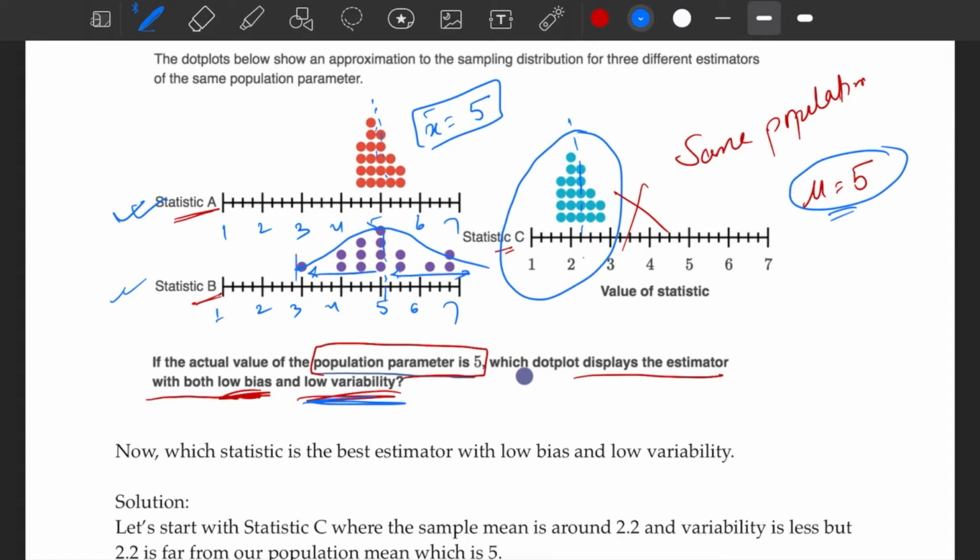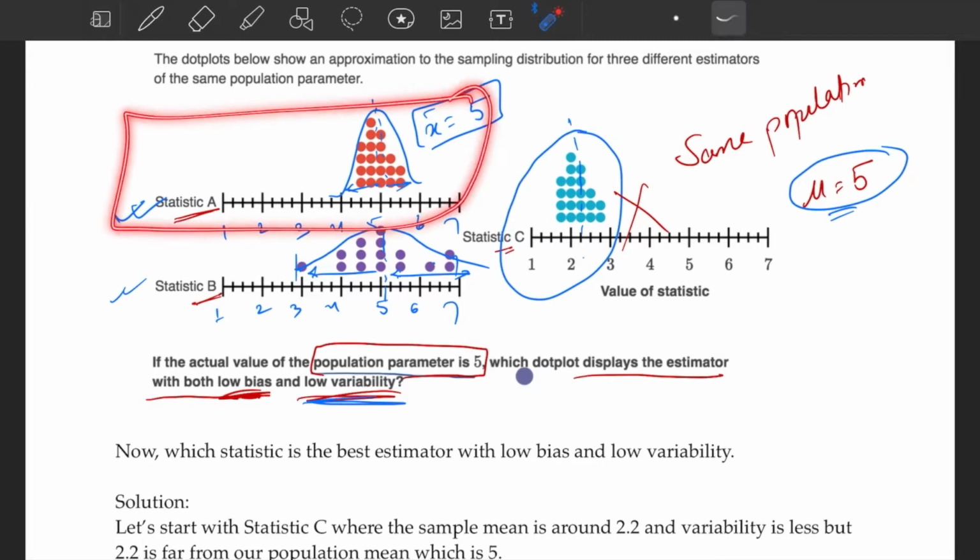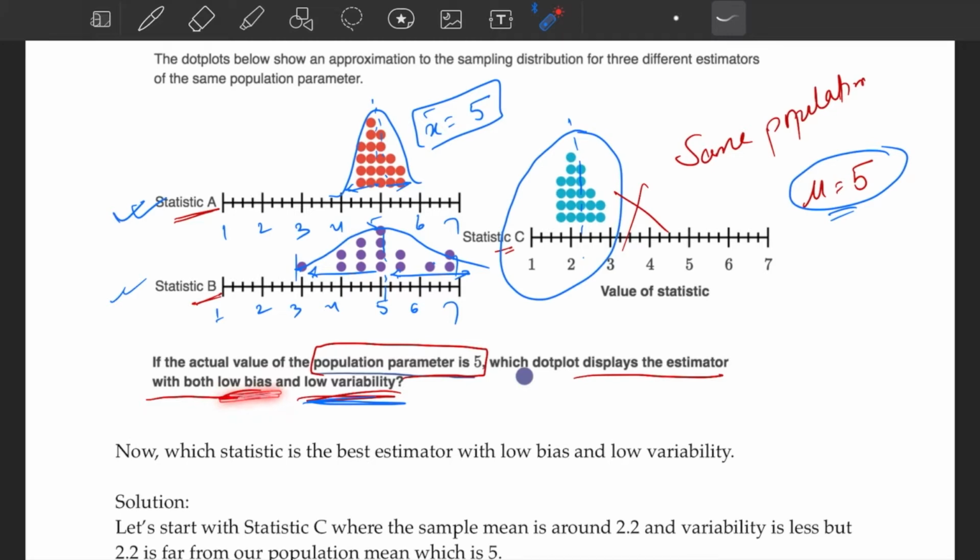The distance from the mean to the end data points is very high, while here the variability is very low. The distance from the mean to the last data point is very small. So our answer will be statistic A, where we have low variability and low bias, and it's a good representation of the population also. So that's how you can understand the estimator briefly.